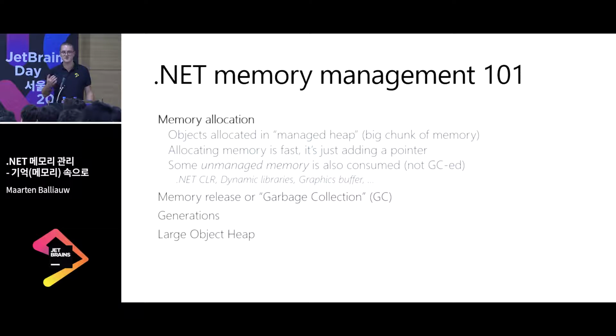Now, of course, because this big block is not really unlimited, the garbage collector has to run over that block of memory to reclaim anything that is no longer in use by your application. For example, if you have a method and you allocate some code at the start and a variable goes out of scope at the end of the method, you want to reclaim that memory so it can be reused for other things afterwards.